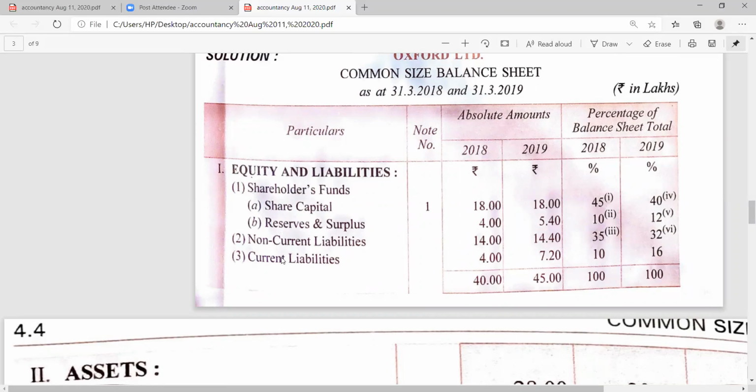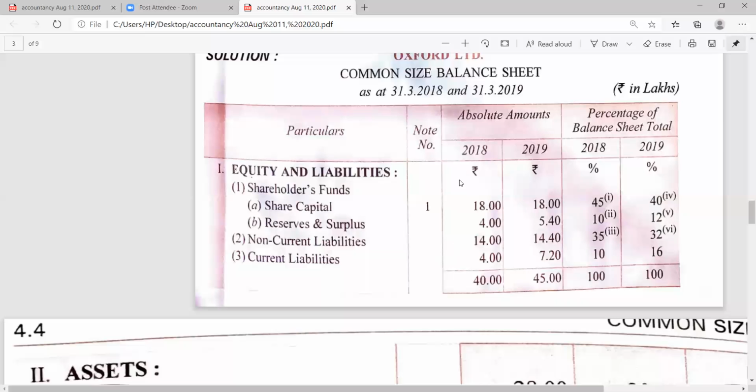All the equity and liabilities are shown over here, in which shareholders' fund, share capital, reserve and surplus, then non-current liabilities, and then current liabilities are to be shown. And you have to always learn this format properly, because all the items are to be put together in a proper sequence that we learned in chapter number 1 of this part.